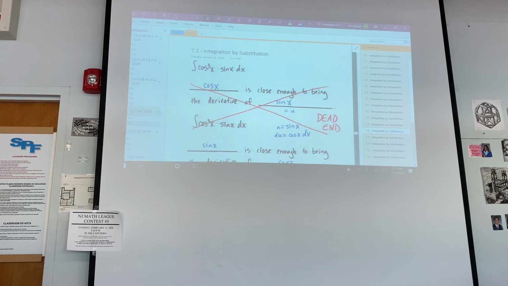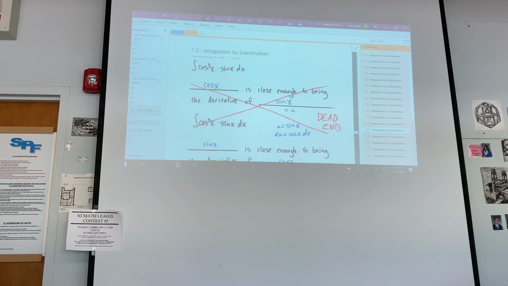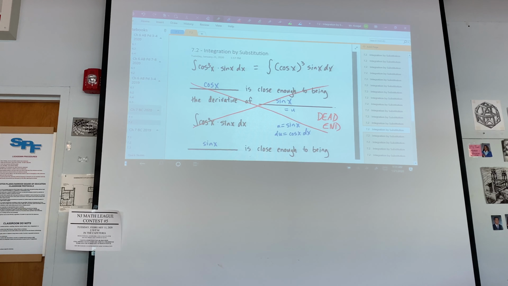So the reason you can't do it that way is because this is really this, and you want to see those layers of the composition. Okay, so you can't force something. You're like, well, cosine of x is the derivative of sine of x.